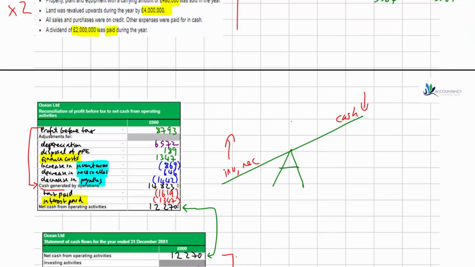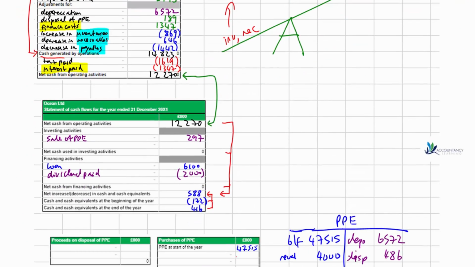But anyway, that 12,380 can go into our financing activities. We have a share issue, and that's money coming in. The exam software would work out a total for us here, which is going to be the 16,480.